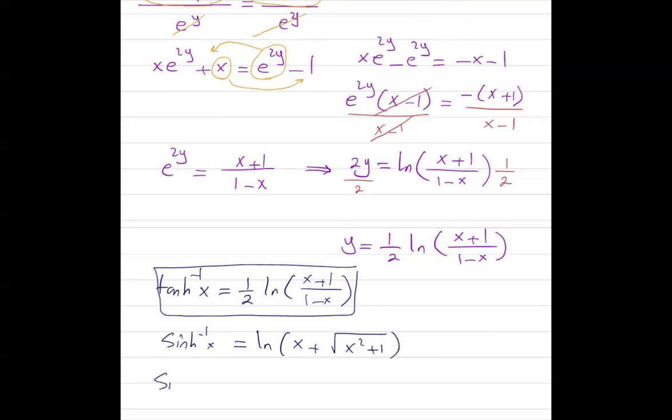And we showed that the inverse hyperbolic cosine is equal to the ln of x plus square root of x squared minus 1. These are three important formulas that help us to simplify inverse hyperbolic sine, cosine, and tangent.